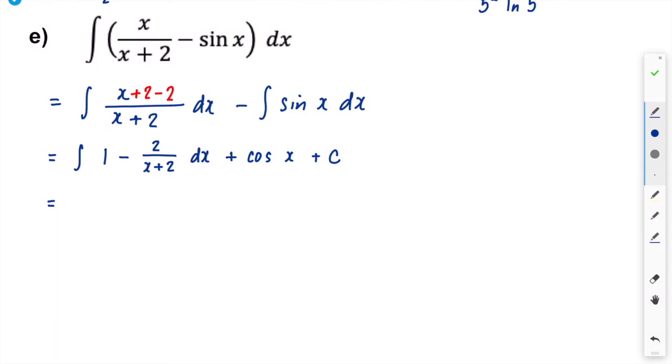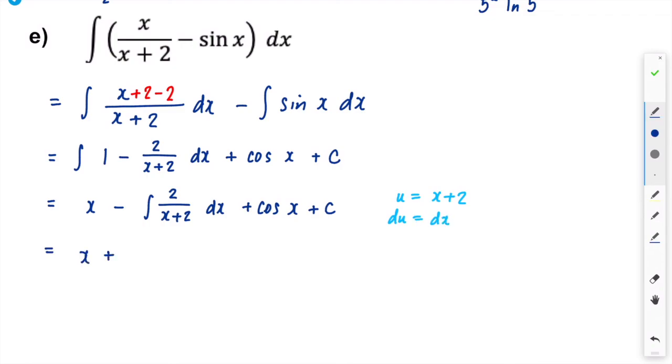Now, focusing on the first integral of 1 dx is x, minus 2 over x plus 2 dx plus cos x plus c. The good news now is that if I let u be x plus 2, I know that du will be dx.